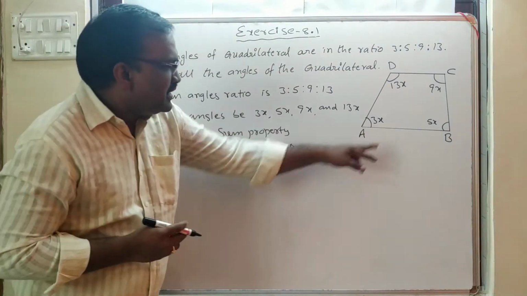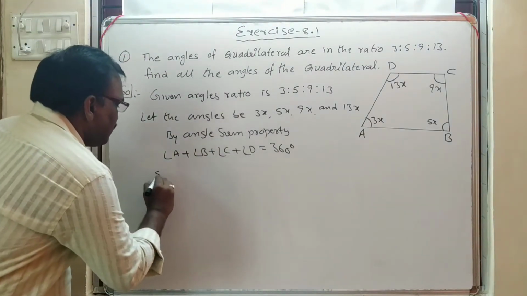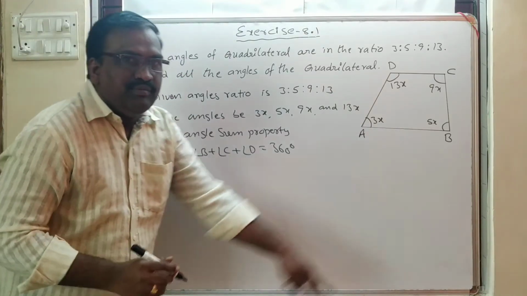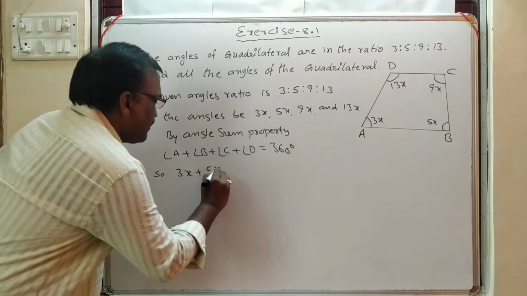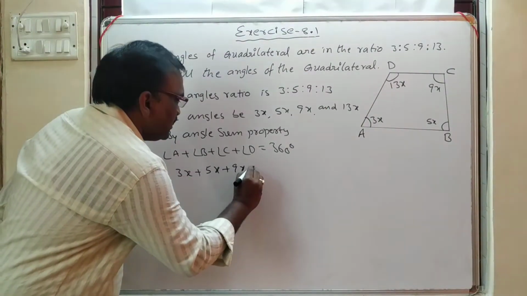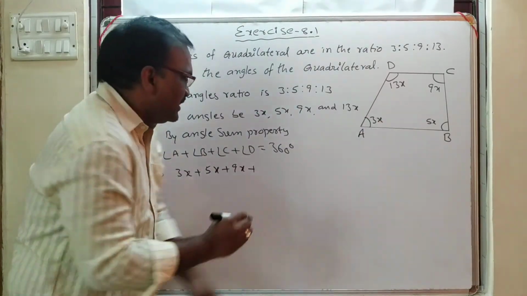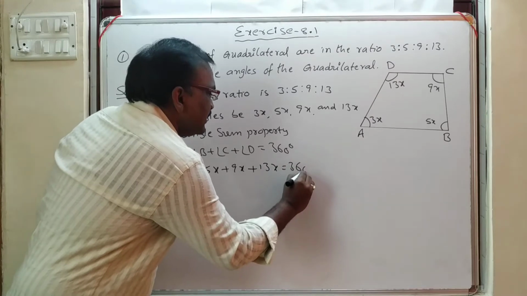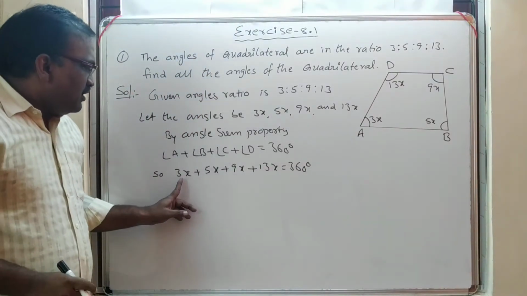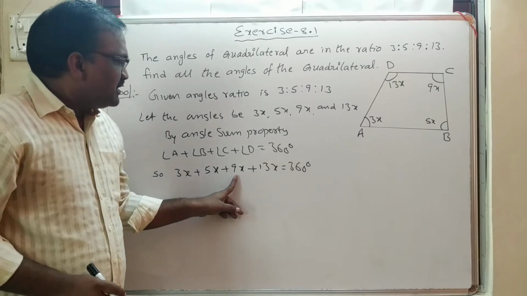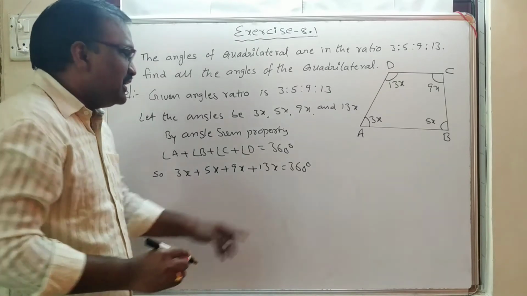So 3x plus 5x plus 9x plus 13x is 360 degrees. Add all: 3 plus 5 is 8, 8 plus 9 is 17, 17 plus 13 is 30.